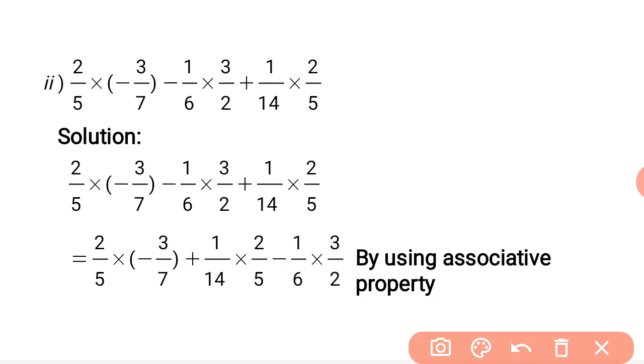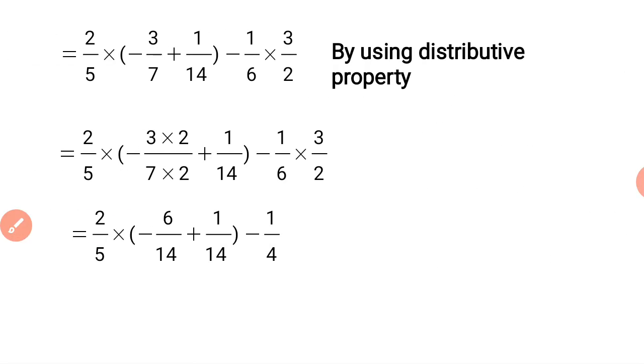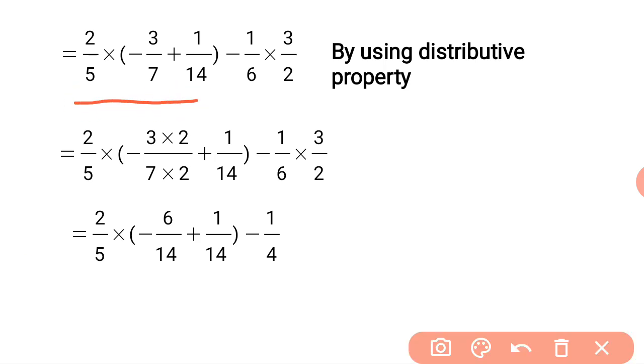So with this, let's move to the next step. The next step shows you 2 by 5 outside the bracket, and the rest, whatever is remaining, that is minus 3 by 7 and plus 1 by 14, inside the bracket. Now children, how many terms are there? Yes, they are 1 and 2. Two terms only, so solve these 2 terms separately.